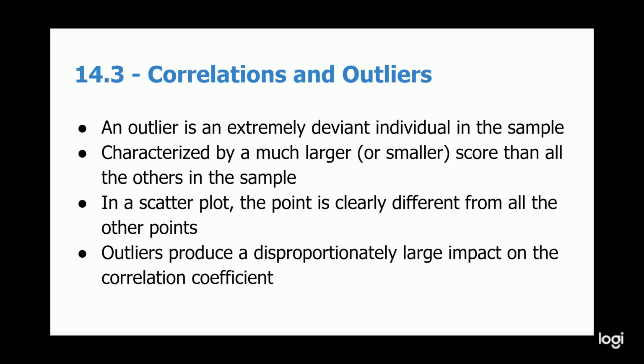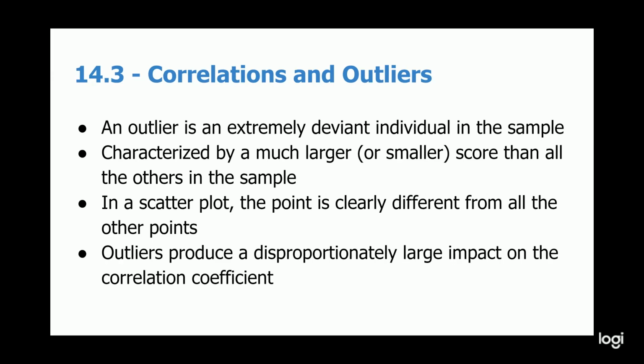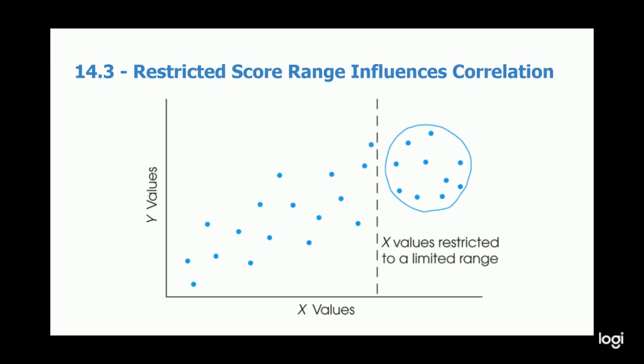So, another case, in addition to restricting the range of your x values when you measure correlation to change the correlation coefficient intentionally or unintentionally, is to introduce outliers. So you could take away previous scores, ranges of scores to change the correlation coefficient.